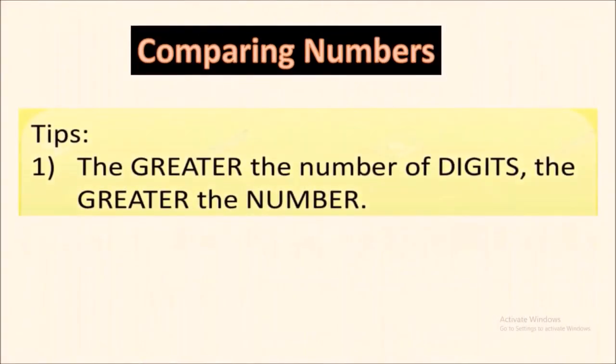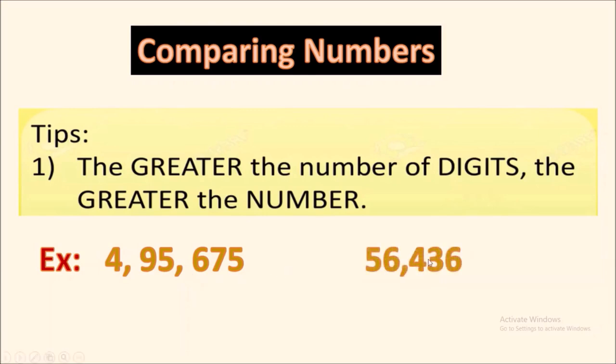So the first tip which will help you in remembering how to compare is, the greater the number of digits, the greater the number. Now the number of digits are greater, then that number will become greater. Let us see with an example. So here we have 4,95,675, and we are going to compare it with 56,436.